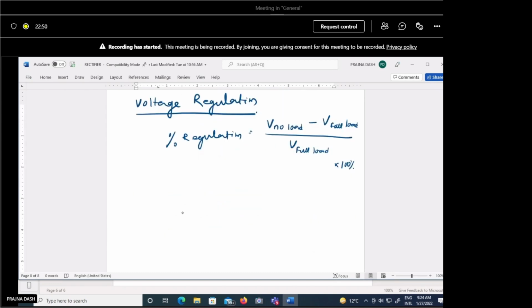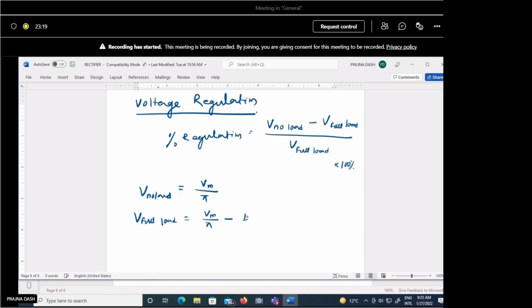In the no load condition, the no load voltage will be simply Vm by pi, that is the DC voltage. And with full load, this voltage will be Vm by pi, which is the no load voltage, minus whatever voltage drop there is under the fully loaded condition.